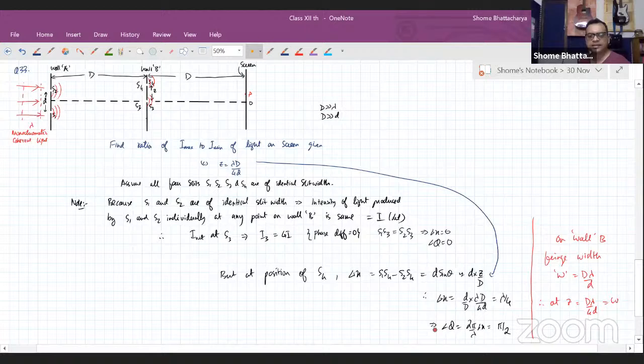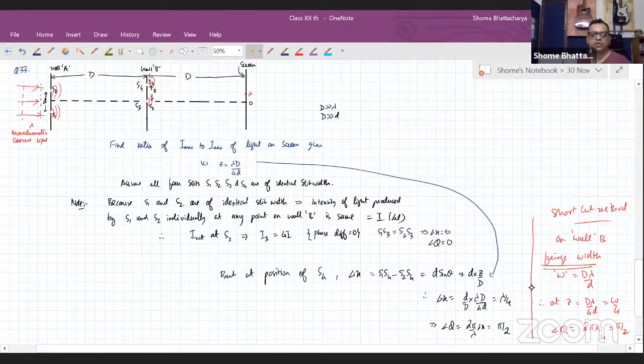So that means the net intensity at S4, let's say that is I4, is becoming 4I cos square of pi by 2 divided by 2. So it's becoming 2I.